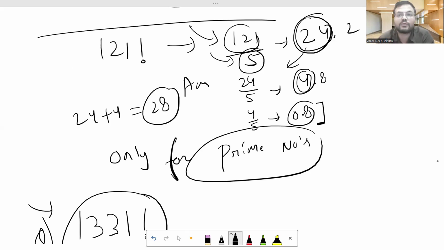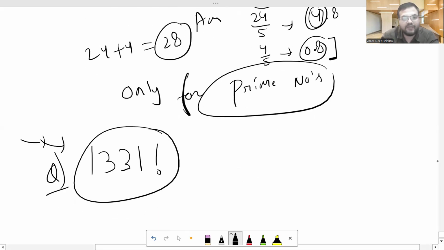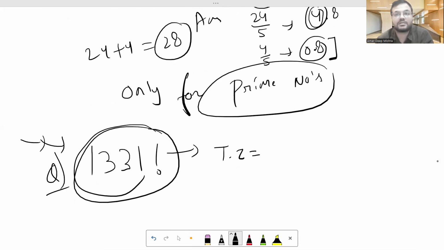Suppose you want to find out the power of 14 in 121 factorial. What is the power of 14? How many 14s are there? How to find that out, we will discuss in the next video. So this is for your homework: 1331 factorial. Please tell the number of trailing zeros and put your answer in the comment box.